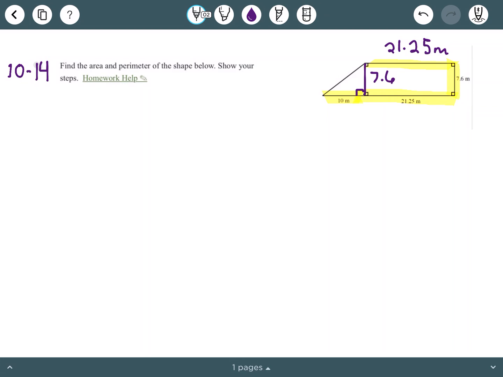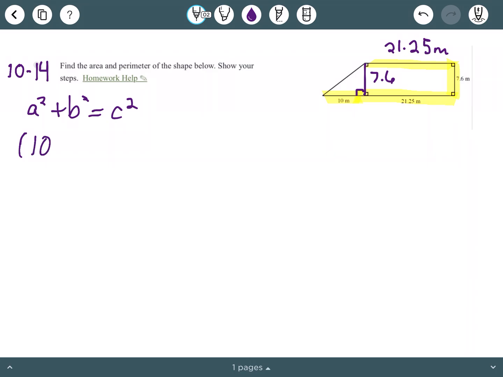So we have that a squared plus b squared equals c squared. And they've given us both legs. So we need to figure out the hypotenuse. And the hypotenuse is always c, remember?